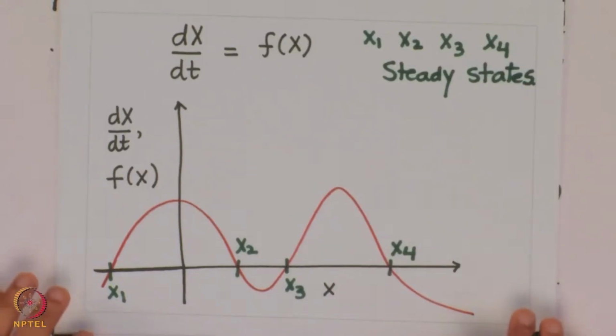And now all you have to do is take up one steady state at a time and comment on the stability of that particular steady state by introducing a disturbance. By introducing a disturbance, we mean exactly the way we did it the last time around. We introduced a disturbance once to the left of that steady state and once to the right of the steady state, and analyzed the sign of dx by dt at that particular moment.